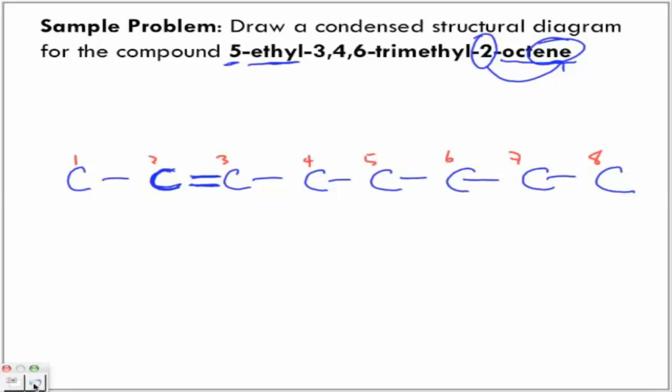Then we go with the ethyl. The 5 mention where it's going to be. So you write CH2 and CH3.